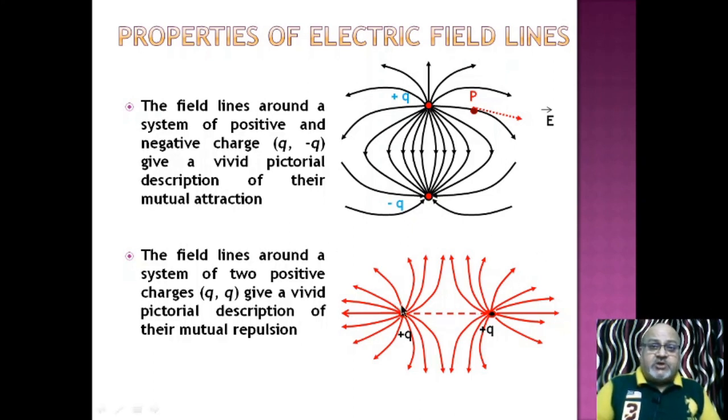If I place a positive test charge here, it will follow this path. If I place it somewhere here, it follows this path. So the pattern is different. If I take a point on this and draw a tangent, see here, I have taken a point P and a tangent. This tangent gives you the electric field at this point.